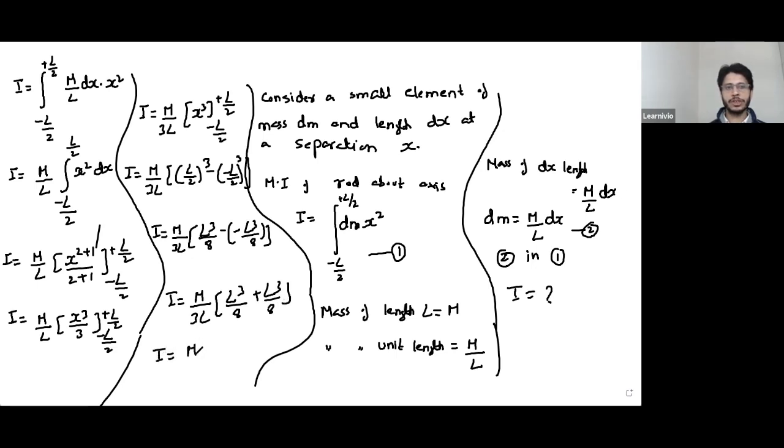So the moment of inertia is m by 3L times L cube by 4, since 1 by 8 plus 1 by 8 is 1 by 4.